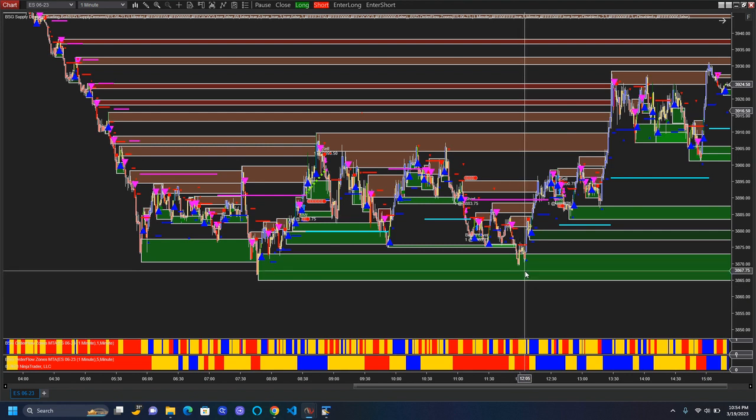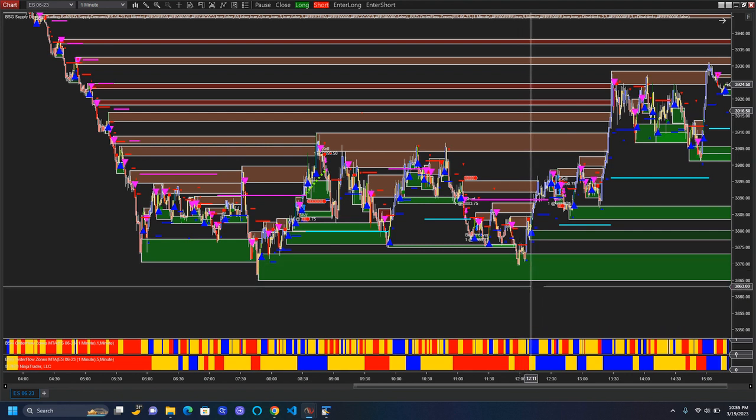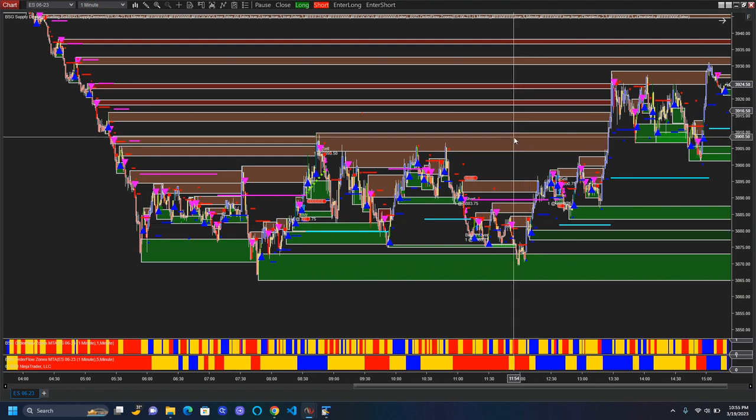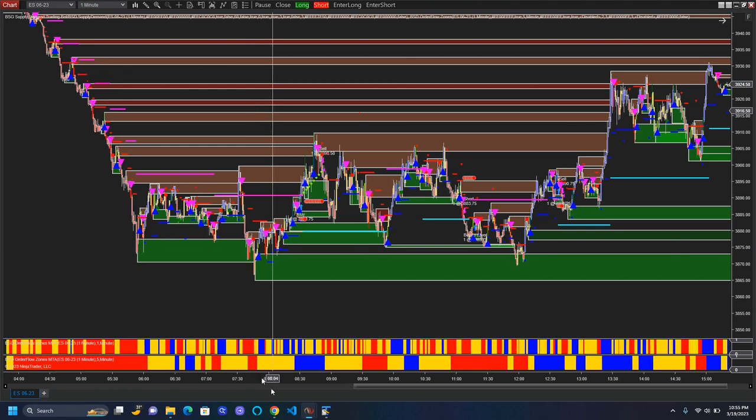In this case, if the bar broke here and closed below this zone, you could take a short signal. On the contrary, look at this here: the market broke this, closed above the zone, and you can take a long signal. So the only way to trade in a boxed up region just like this is to wait for those areas. In this case, I think this is a great place.